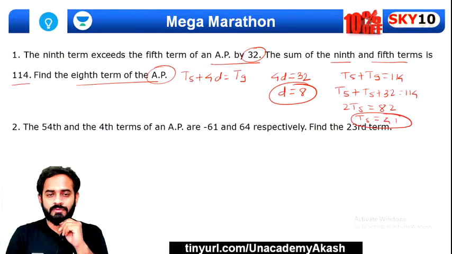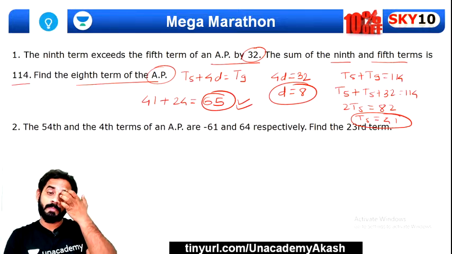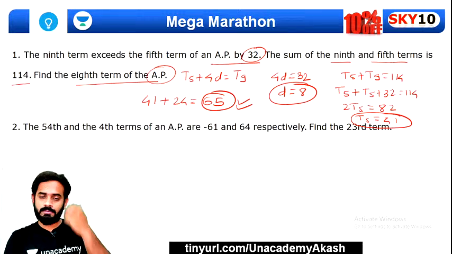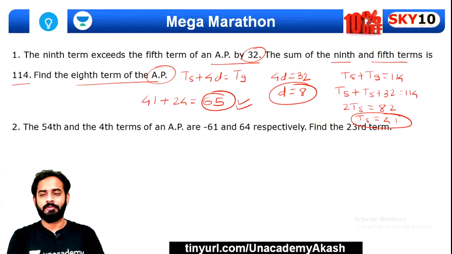Now, to get the 8th term from T5, we add 3 times D, that is 3 times 8, which is 24. So 65 will be the eighth term. I believe there is no doubt over here. Very simple.